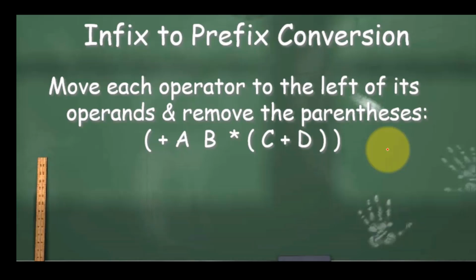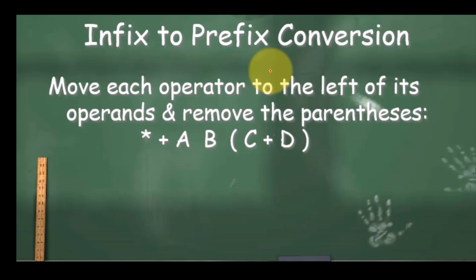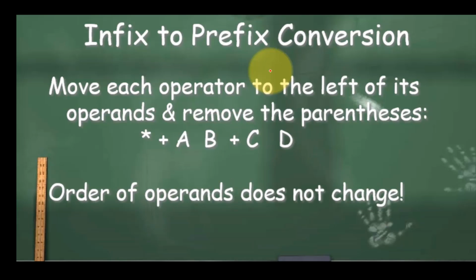Okay. Next is, what did I say? Infix to prefix. I mentioned prefix. Okay, next, we're going to move the asterisk to the left side. This becomes now AB. And we have left C plus D inside the parenthesis. So we're going to move the plus sign again to the left side. Alright, so we have now CD.